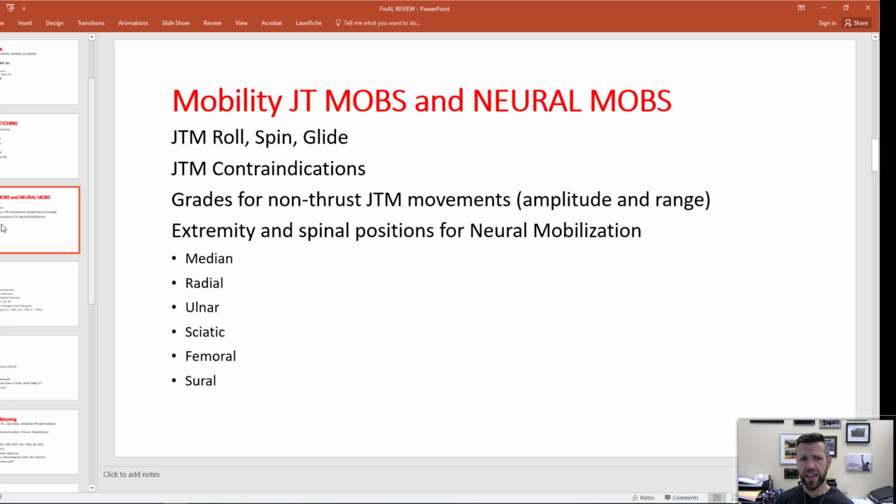So next is, what about the grades? So you have grade 1, 2, 3, and 4, and what you have to look at are two things: amplitude, but also the range of movement that's going to occur. So they go small amplitude, large amplitude, large amplitude, small amplitude, but it's about what the range is. Small amplitude, beginning of the range, is a grade 1.